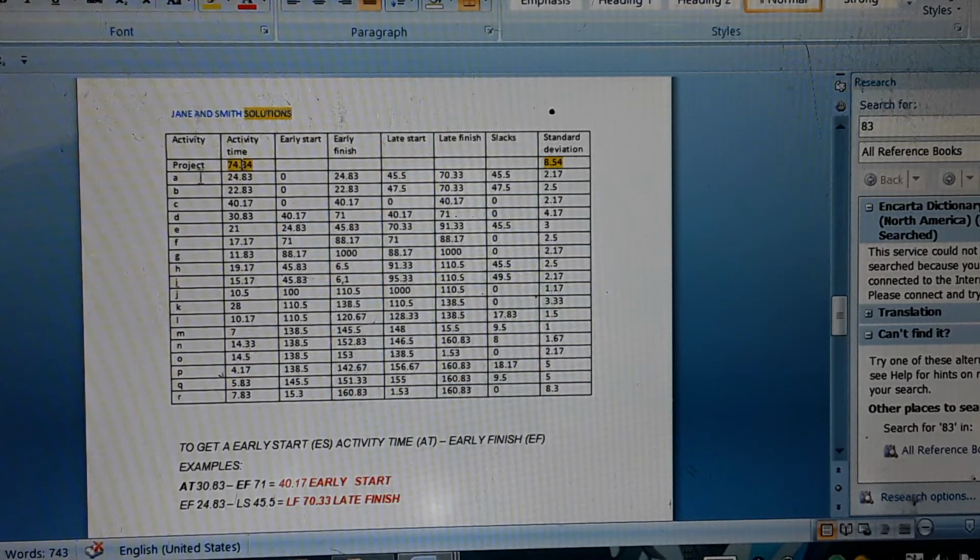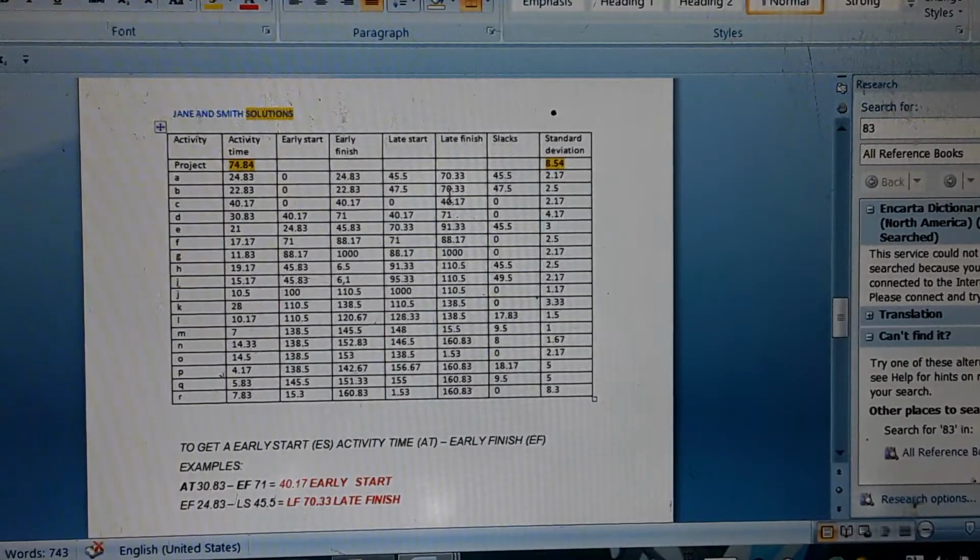So the activity A and C is zero. And for example, for letter D, to compute this, the activity time of 30.83, we subtract from the early finish of 71, so we get the early start, and so on.